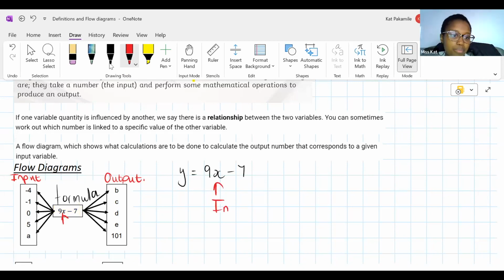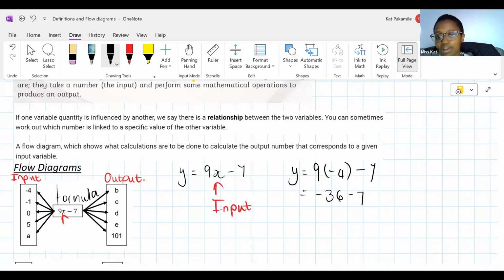Now, our first input is -4, so we will have to say y equals 9x means multiply, 9 times -4 minus 7. Now 9 times 4 is 36, so -36 minus 7, and that is indeed -43.